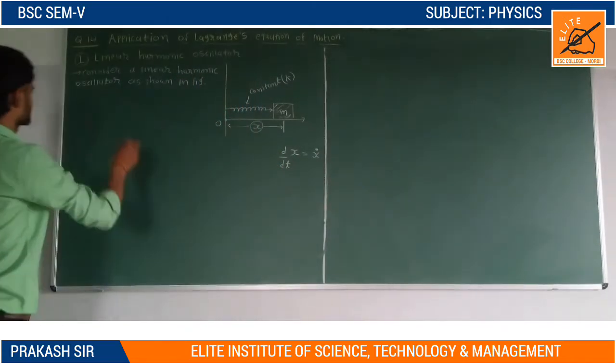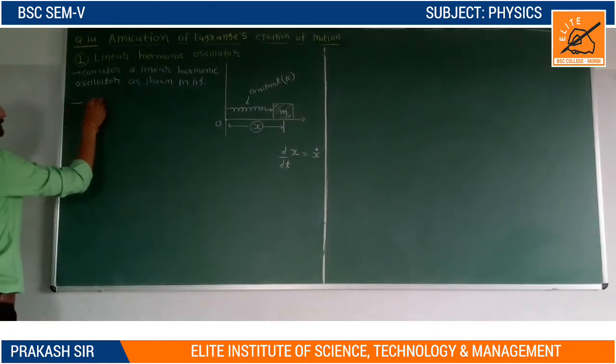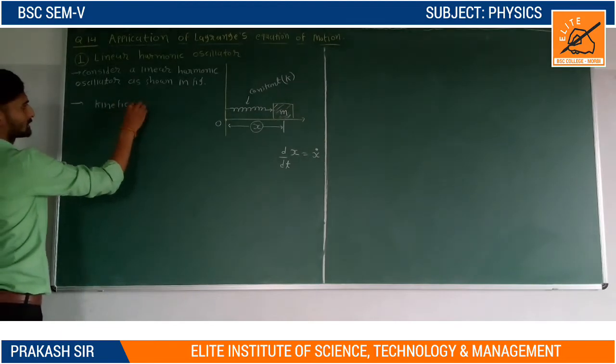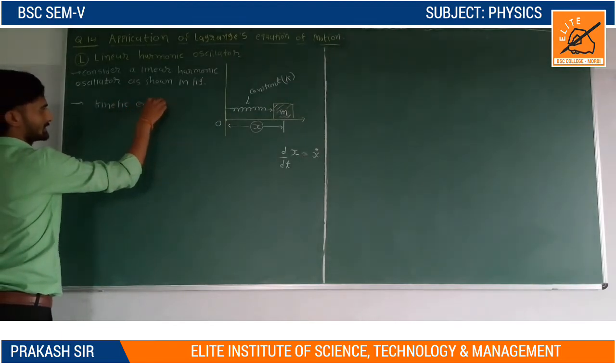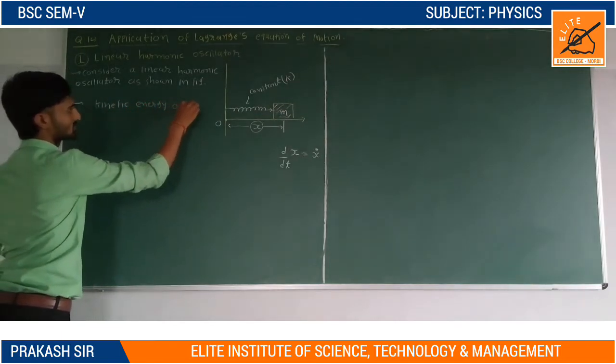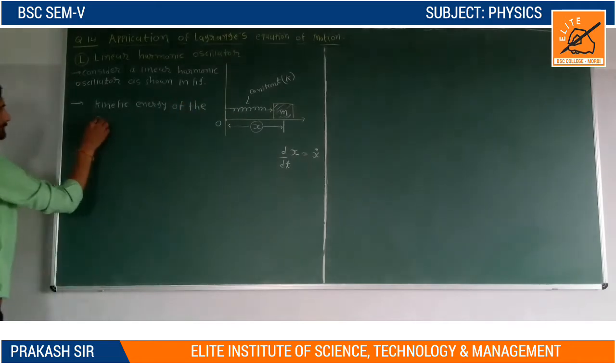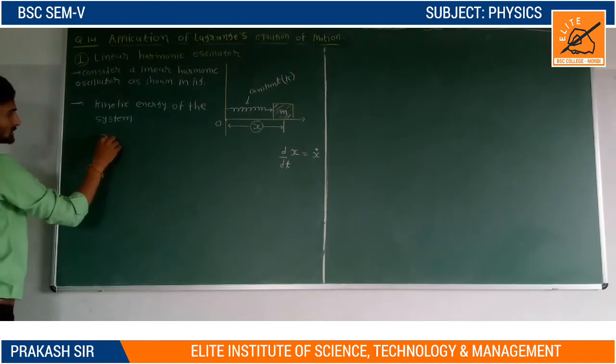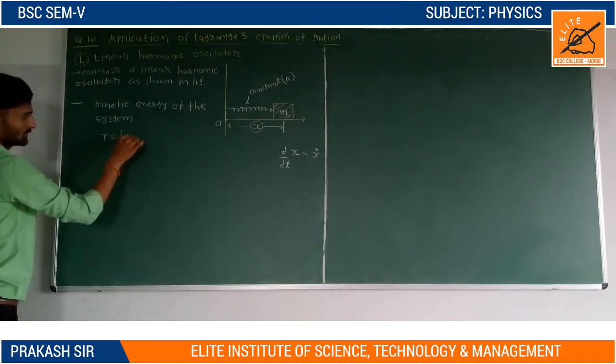So first, kinetic energy of the system. Kinetic energy is equal to 1 by 2 mv square.